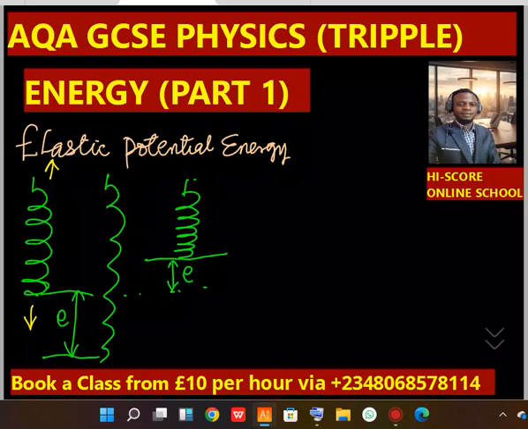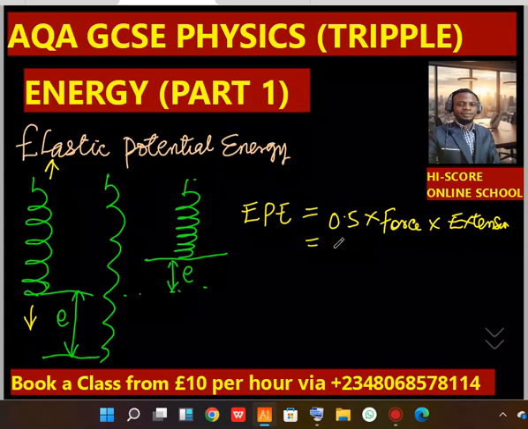All right, the elastic potential energy, EPE, is always equal to 0.5 multiplied by the force of compression or extension times the extension. That is 0.5 times F times e. Or you can also say it is equal to 0.5 times elastic constant, which is k, multiplied by extension squared.